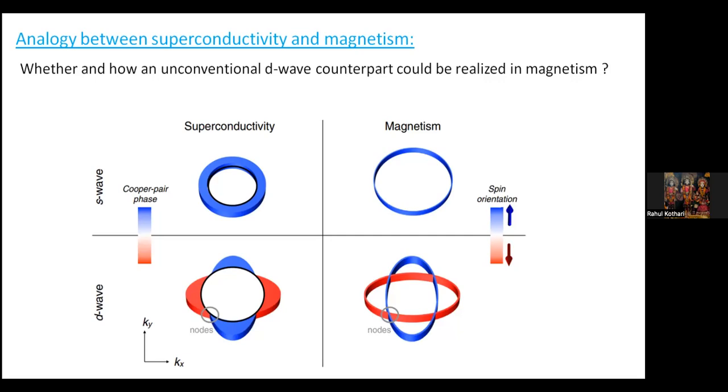So the question is, can we realize the D-wave superconductor counterpart in the field of magnetism? By definition, ferromagnetism is nothing but the long range magnetic order, or long range order of the spin polarization in a material. Because of that spin polarization, the system doesn't preserve time reversal symmetry.